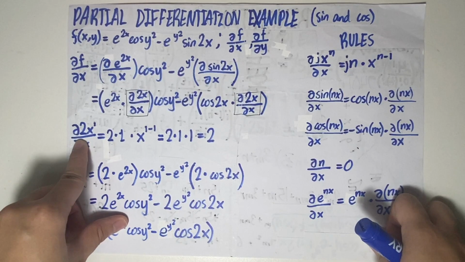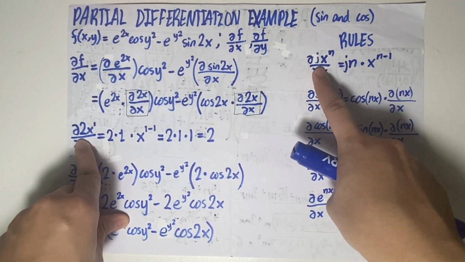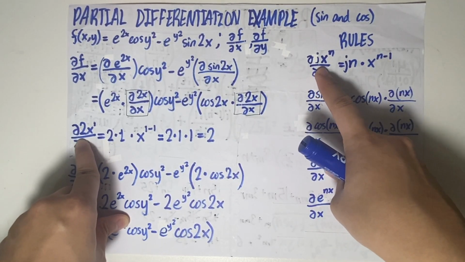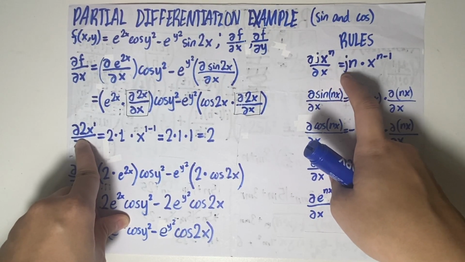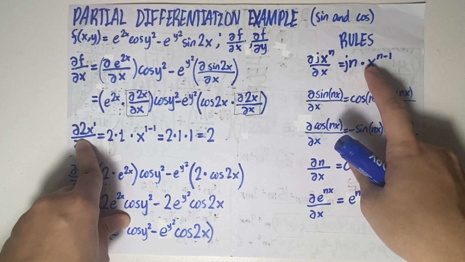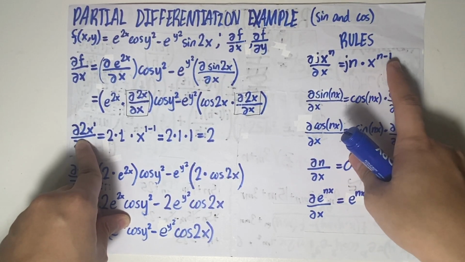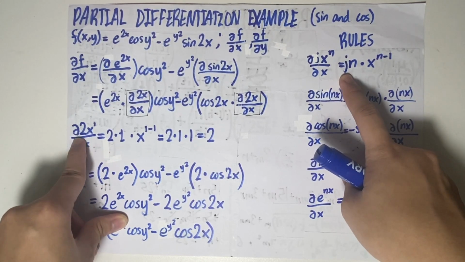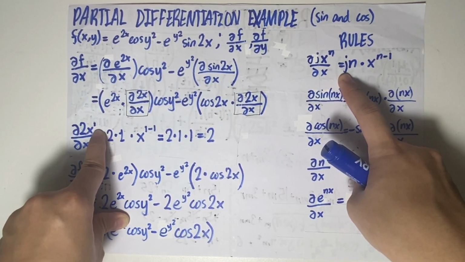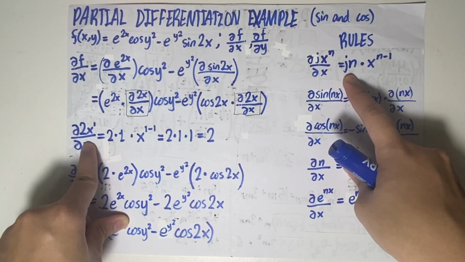So let's follow this rule over here. The derivative of jx to the power of n is equal to j times n times x to the power of n minus 1. In our case, 2 is our j, and 1 is our n, and we just have x over here.